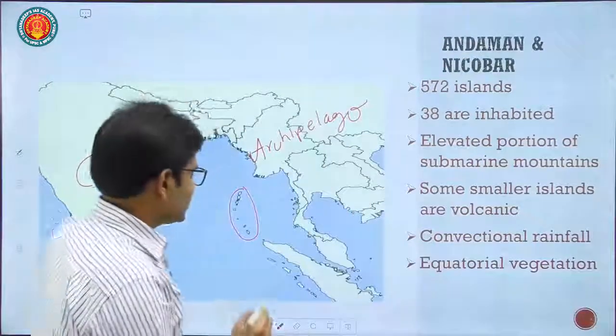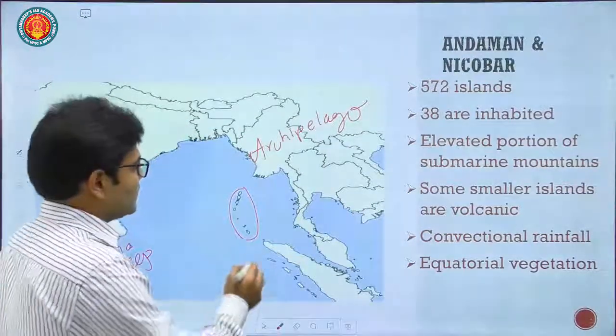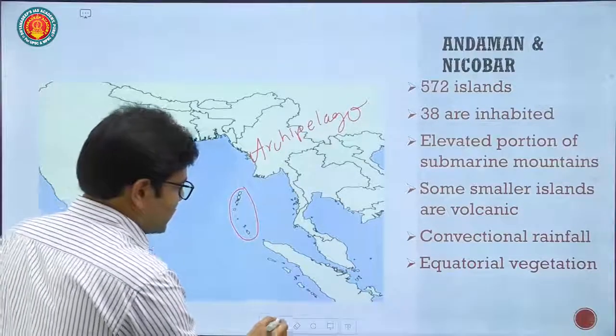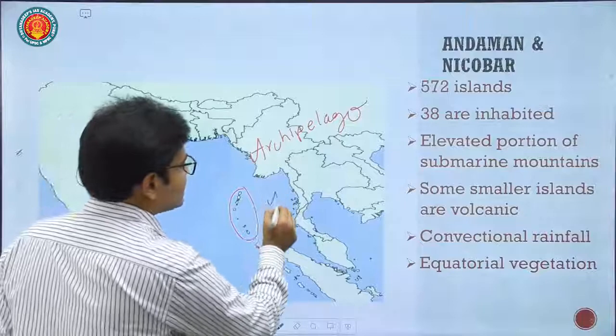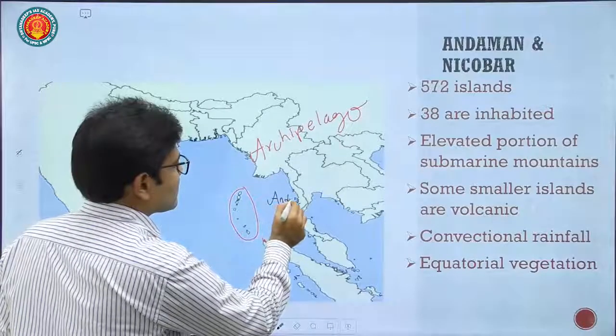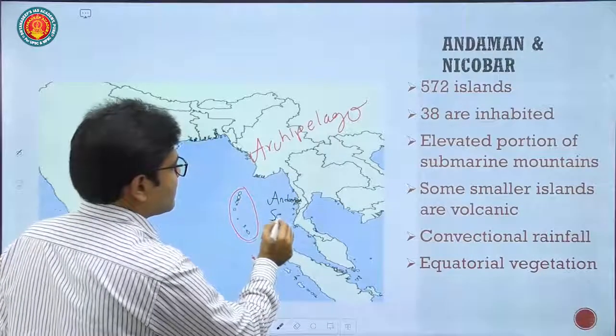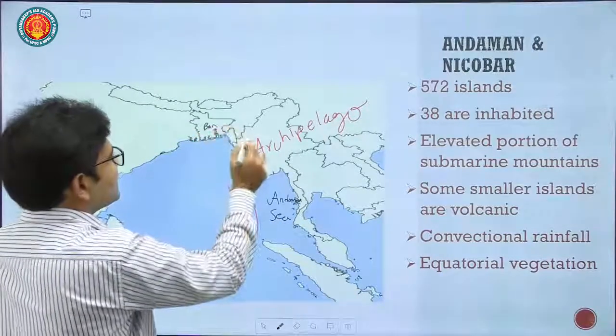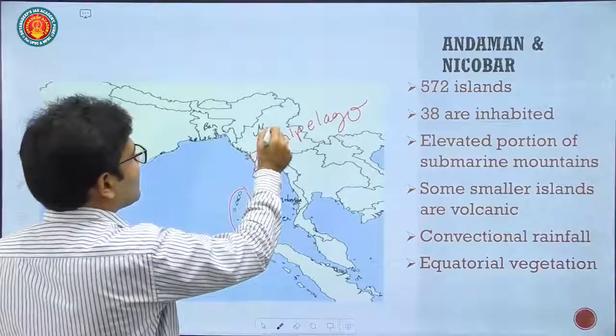Now first, let us see the position of it. So this is the Andaman Sea. This is Bangladesh. Then here it is Myanmar.